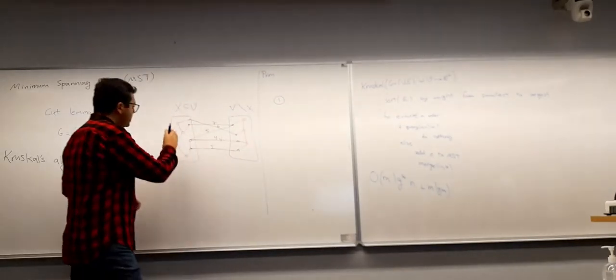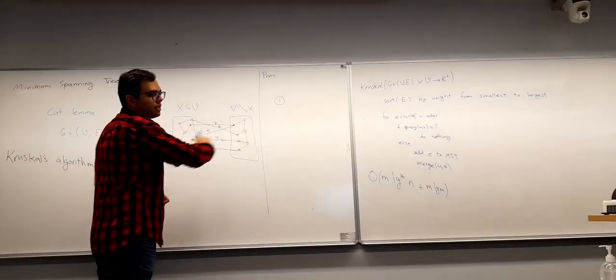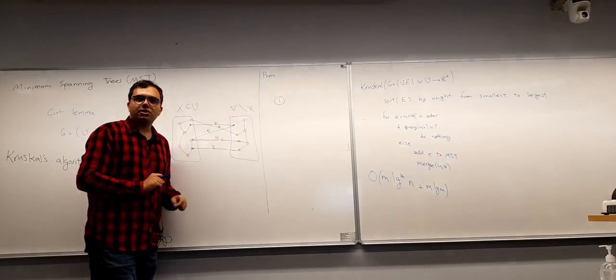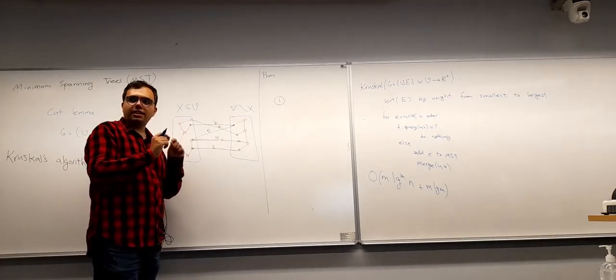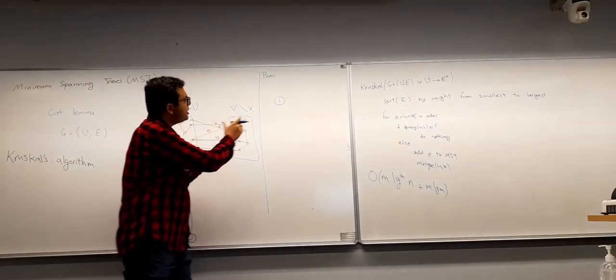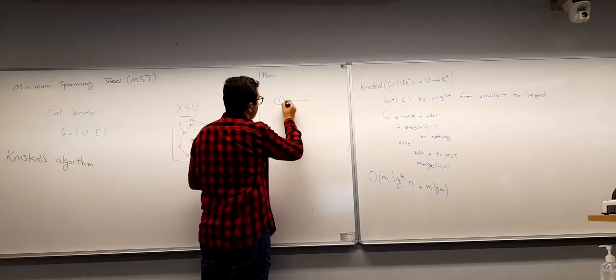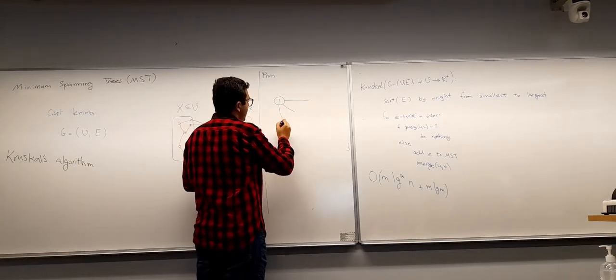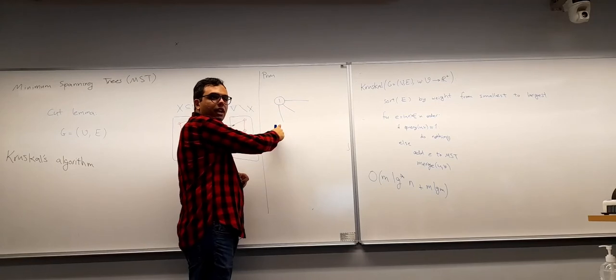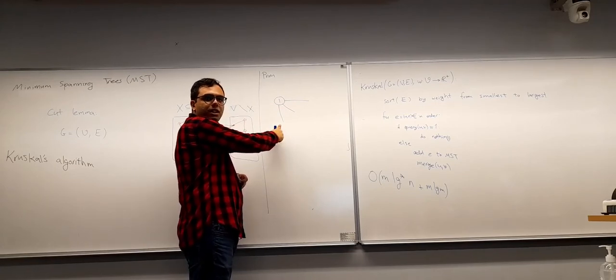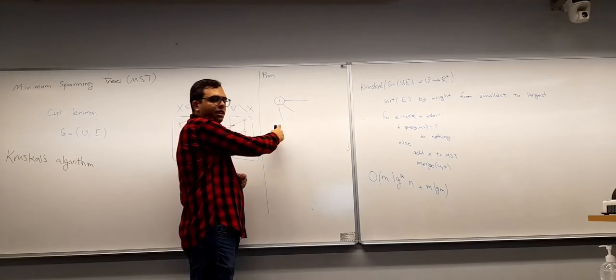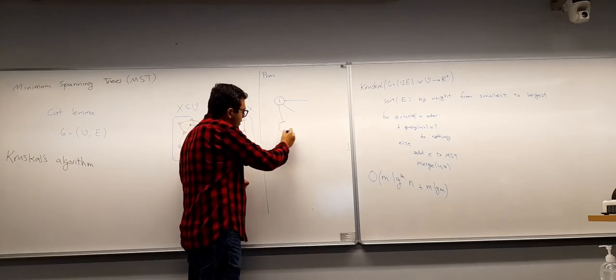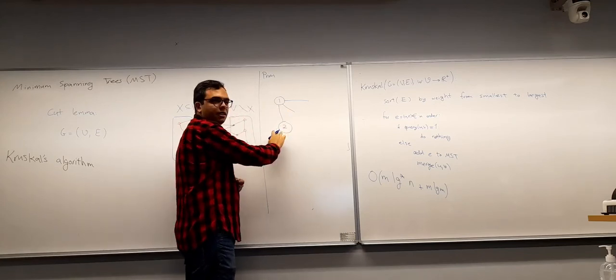I put this one vertex on this side and everything else on the other side. So this tells me that I have to look at the cheapest edge that goes out of this vertex. I take that cheapest edge, and I know that that edge has to be in my minimum spanning tree. So I just add that edge and its other side to my minimum spanning tree.